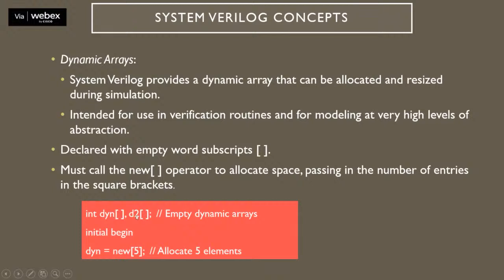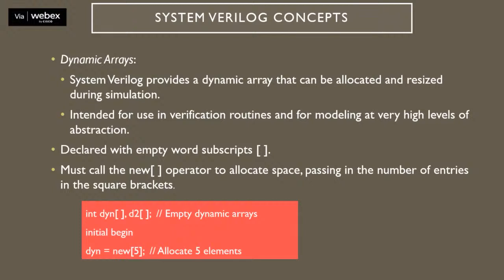So you have dyn and d2. We have taken 2 arrays and they are kept empty. That means initially we have not declared the size of the array. But still you have to have the memory allocated during runtime at least. So what is the size, the number of entries that you need in that?